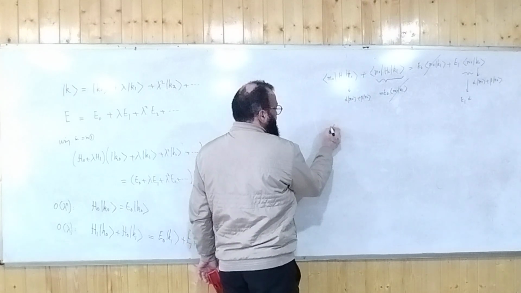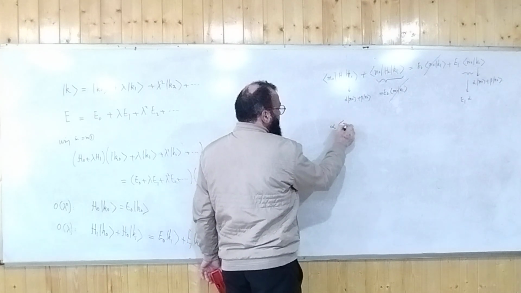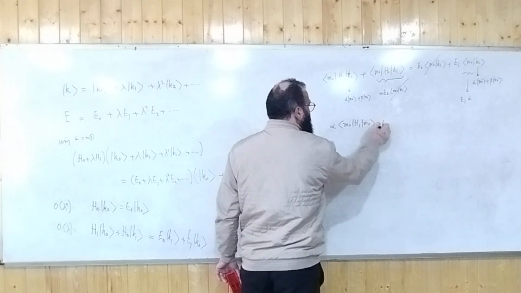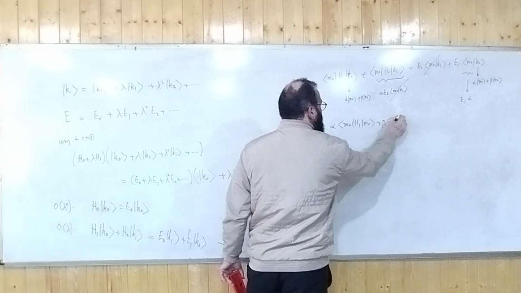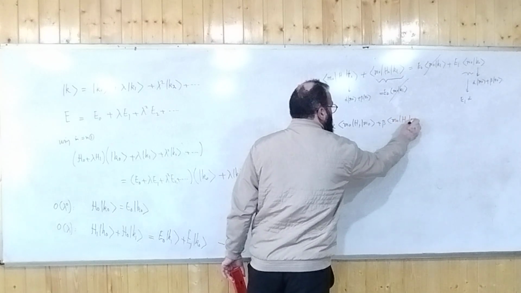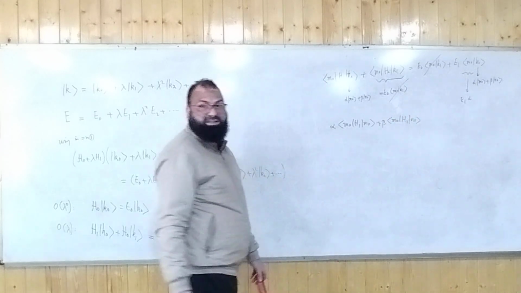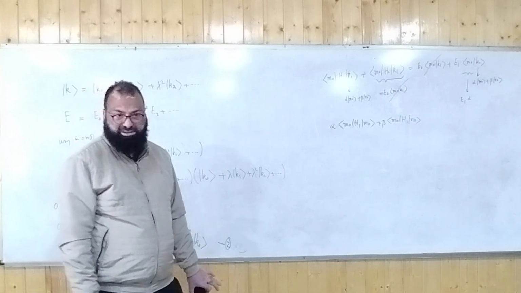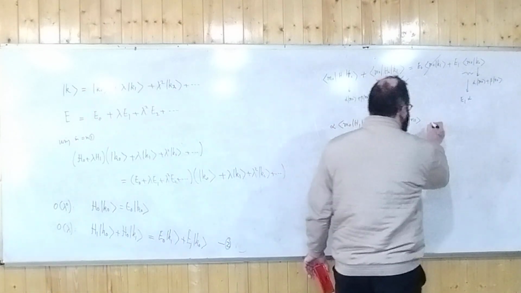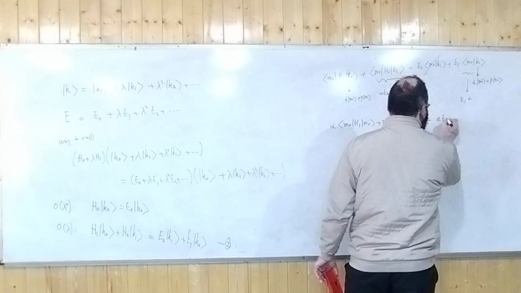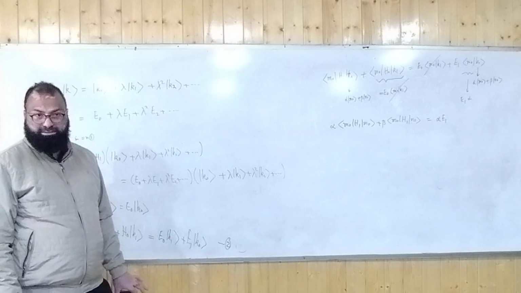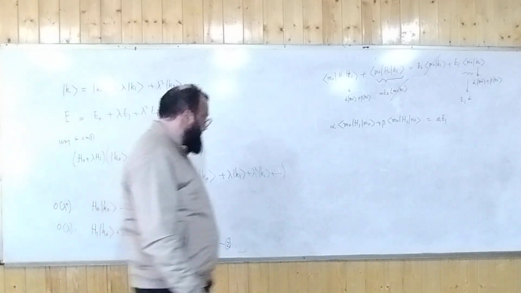H1 will act on it, so it will be alpha m0 H1 m0 plus beta m0 H1 n0, because we don't know what the eigenstates of H1 are. n0 and m0 are only the eigenstates of H0, clear? So that's equal to alpha E1. E1 is actually the first order correction, clear? So let's call this equation third.